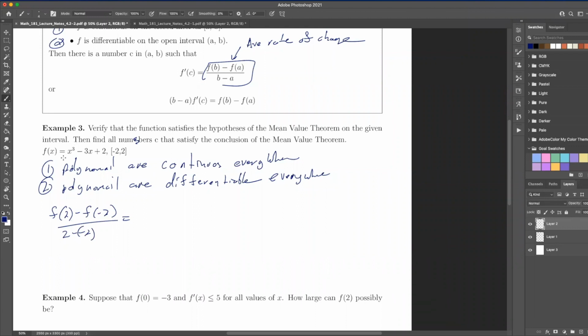I'll get 8 minus 6, so that'd be positive 2, plus 2 is 4, and then for minus 2, this would be minus 8 plus 6. Minus 8 plus 6 gives us negative 2, plus 2 is 0, all over 4, which equals 1.